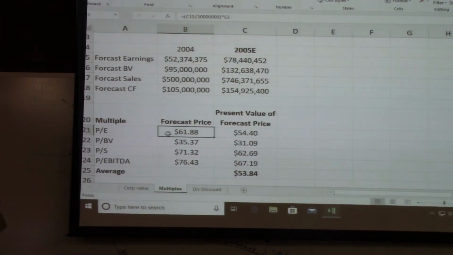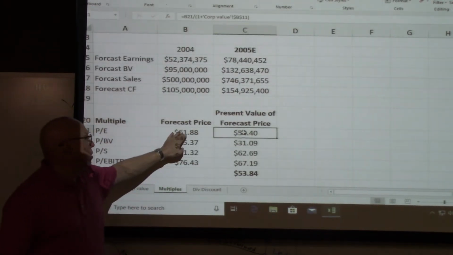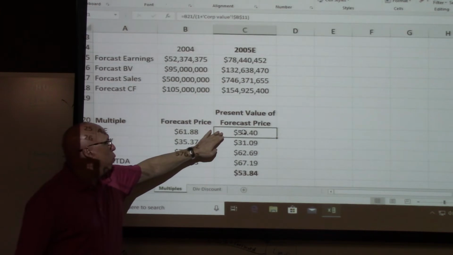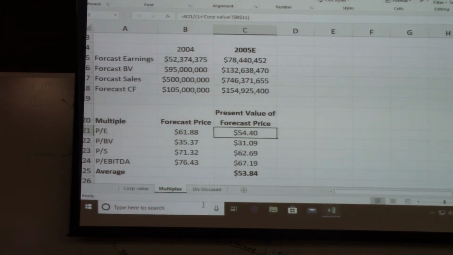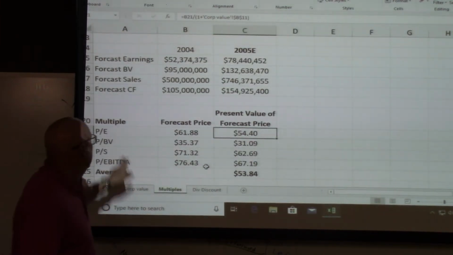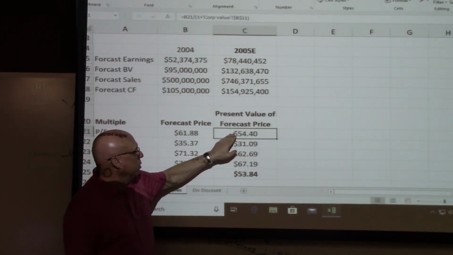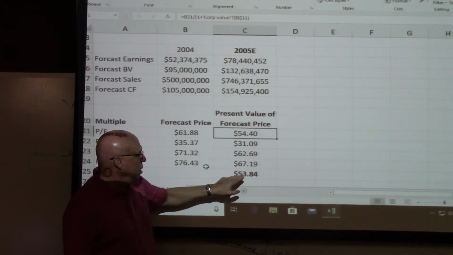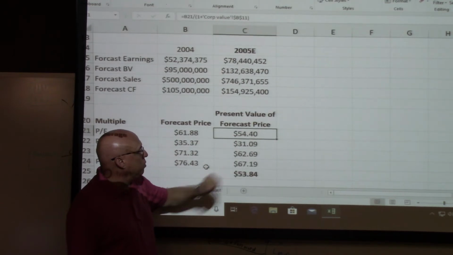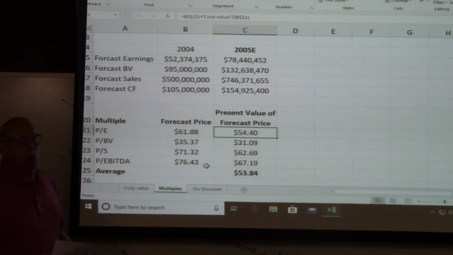Then we divide each of these numbers by 1 plus the cost of equity, to get our price per share, present value of price per share. So here are the present values of the prices per share, average them, and we get $53.84.